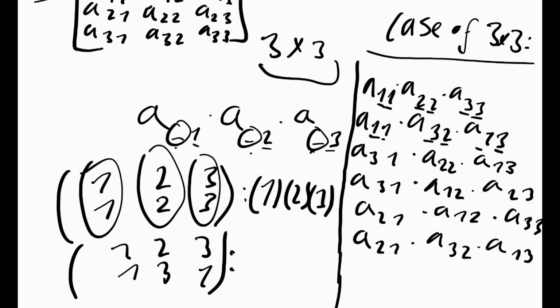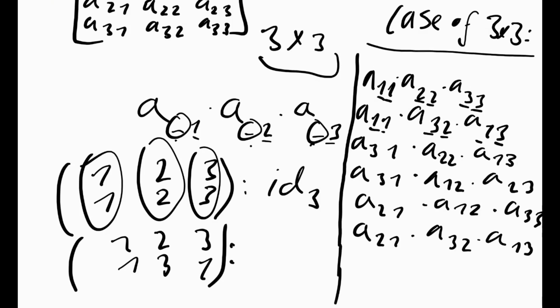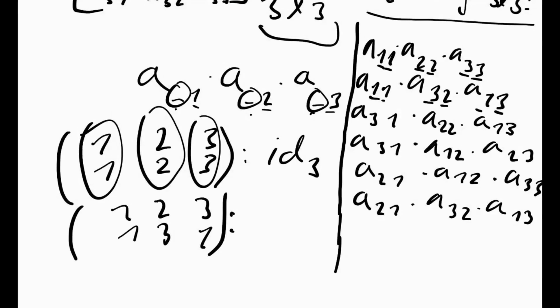Also, in cycle notation there's something called reduced form, which is very common. That means we don't even write the one-term cycles. So this is like the identity. We can denote it as ID 3, the identity permutation on 3 letters. It moves nothing. Now 1, 2, 3 move to 1, 3, 1.